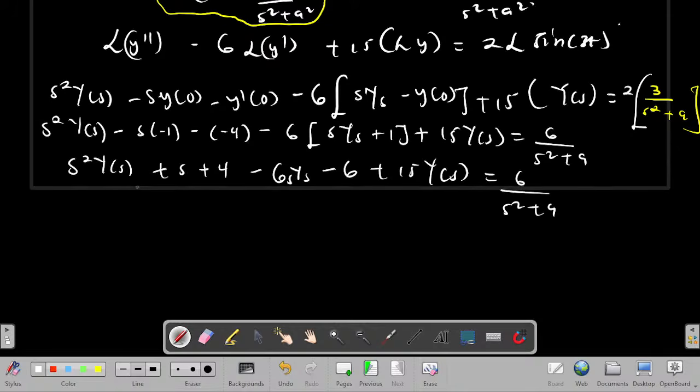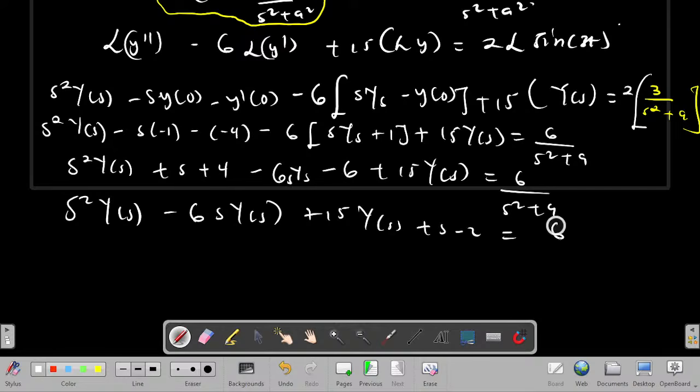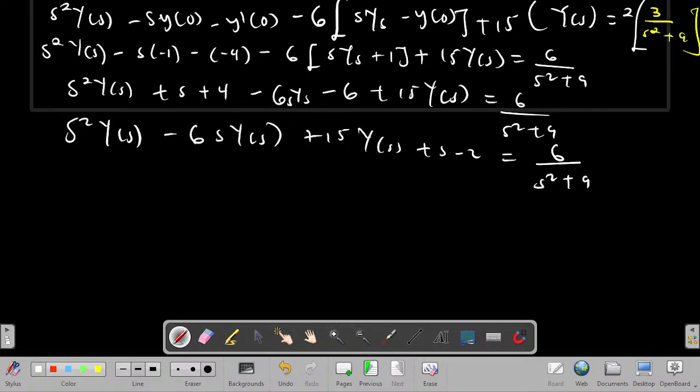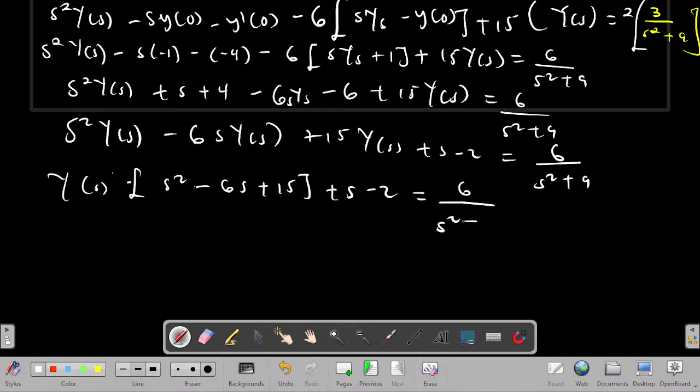At this point, I have s squared Y of s, minus 6 s Y of s, then plus 15 Y of s, then the rest will be s plus 4 minus 6. So 4 minus 6 is -2, which is s minus 2. And this should be equal to 6 over s squared plus 9. At this point, you make Y of s the subject. Open bracket, s squared minus 6s plus 15, plus s minus 2 equal to 6 over s squared plus 9.